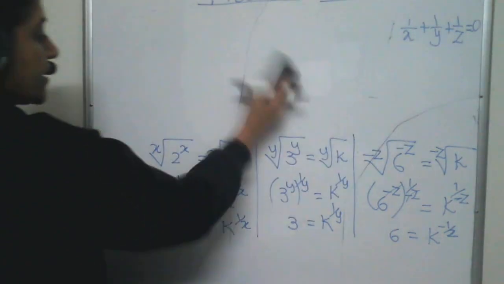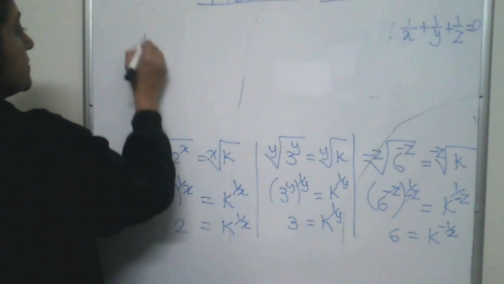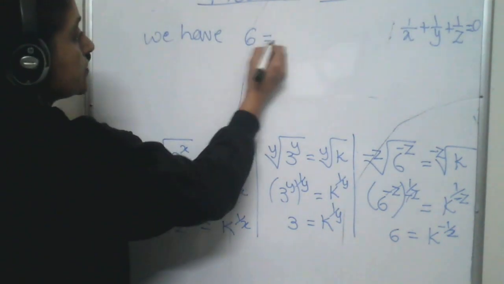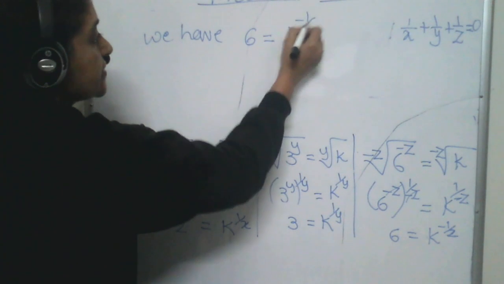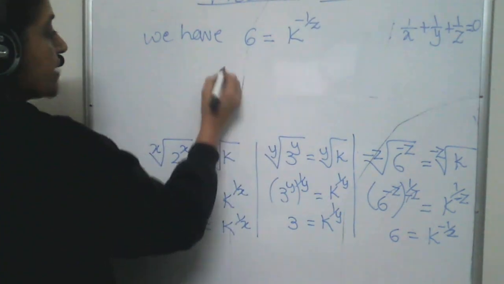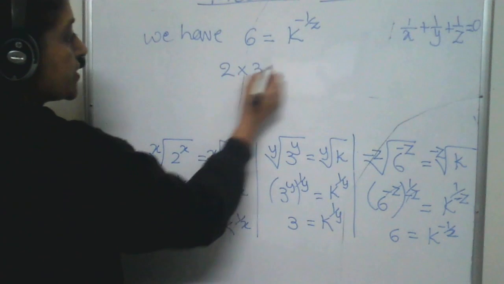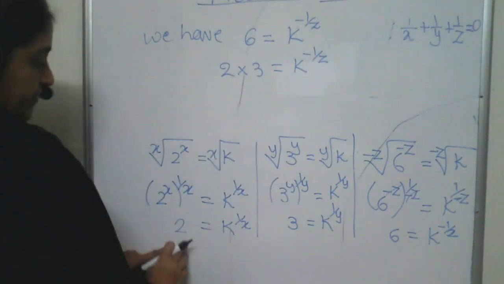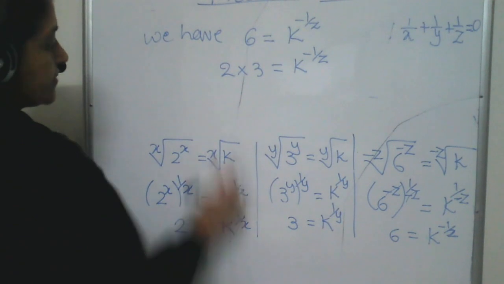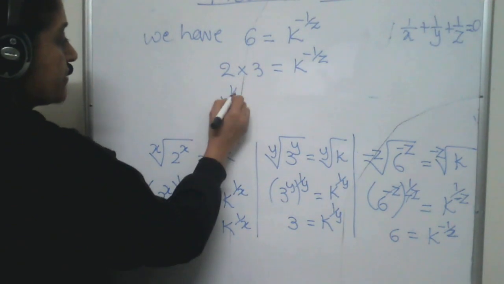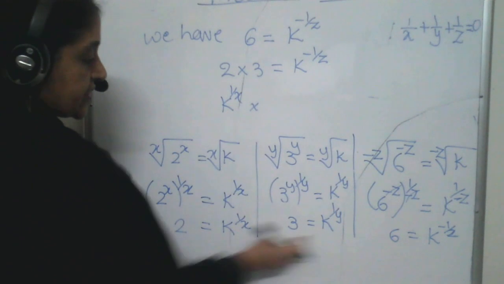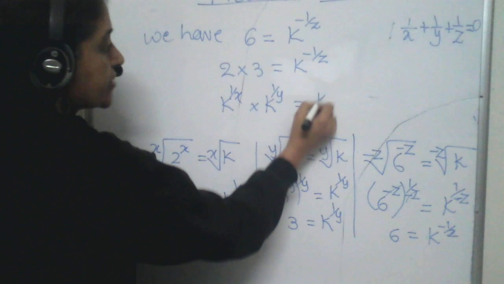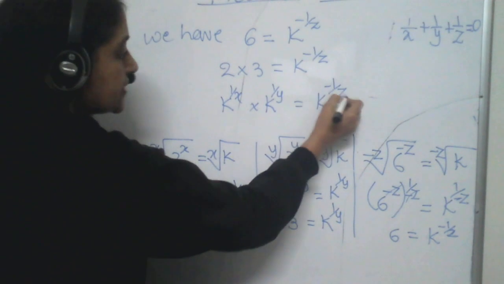Now we have 6 is equal to k to the power minus 1 by z. Now 6 can be written as 2 into 3, is equal to k to the power minus 1 by z. But 2 is what we have here? k to the power 1 by x. K to the power 1 by x into 3, which we took as k to the power 1 by y, is equal to k to the power minus 1 by z.